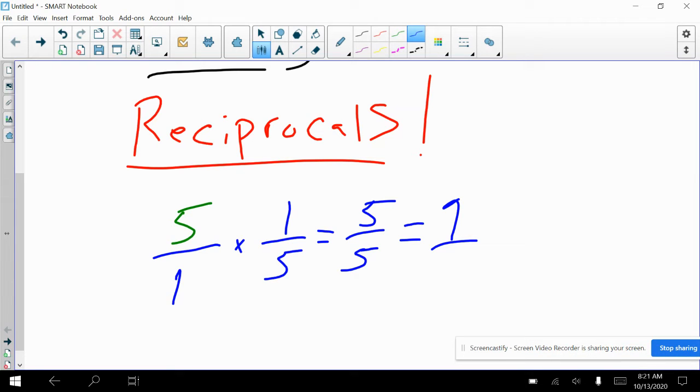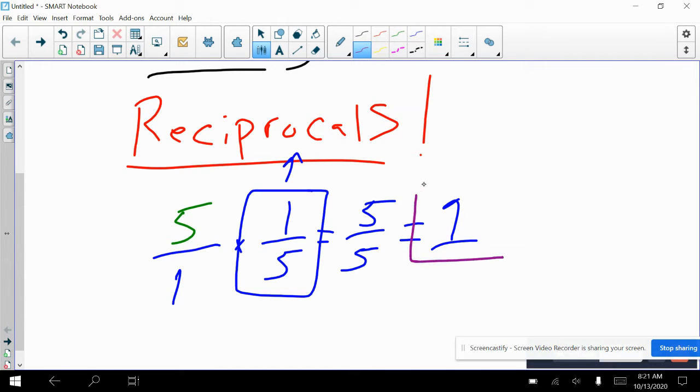So the original number, or you could say the question, times the reciprocal, multiplied together have to give you the value of 1.